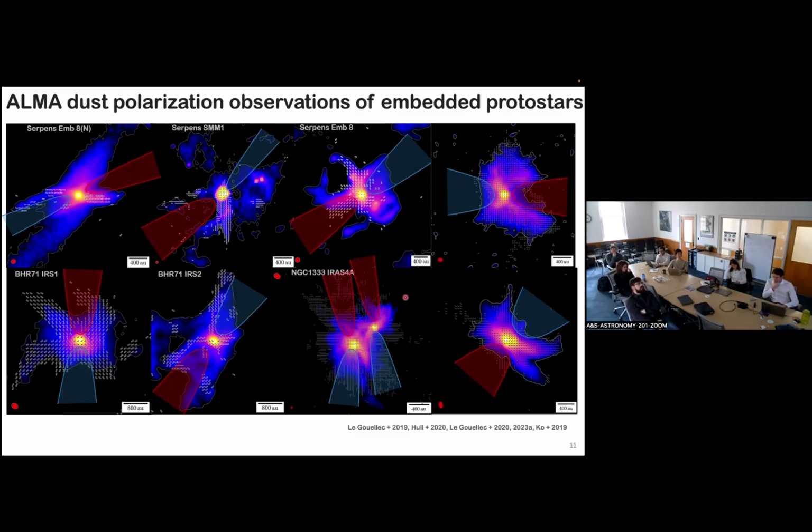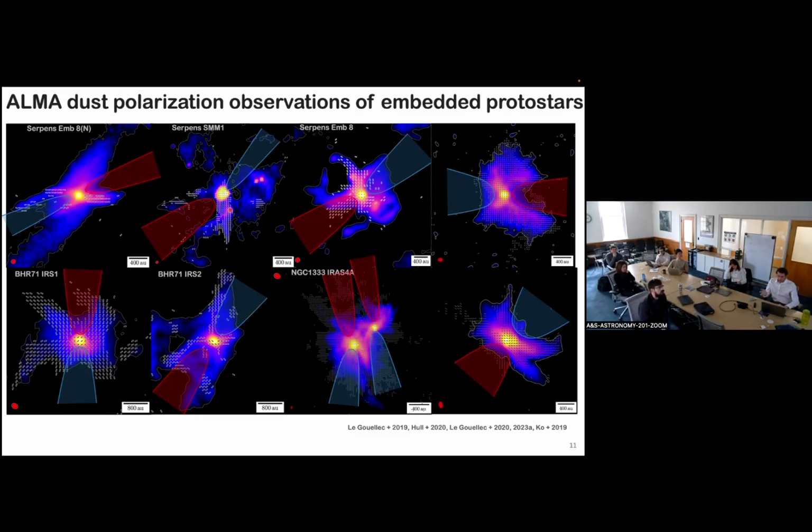You can see here that the magnetic field has a lot of different morphologies that ultimately correspond to a lot of different collapses. Some are very symmetric and suggestive of a collapse pretty much organized by the magnetic field, where material would follow the field lines and control the accretion this way.